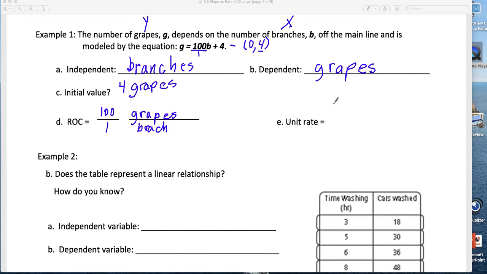So my unit rate over here, I've already got this down to 1. I don't have to do anything to reduce this. Also, it's okay if you end up with decimals for unit rates. Unlike when you're graphing, when you need to keep this as a slope, as a fraction, when I'm getting into a word problem, this slope as a rate of change can be a decimal. But in this case, 100 divided by 1 is 100. So my unit rate is 100 grapes.